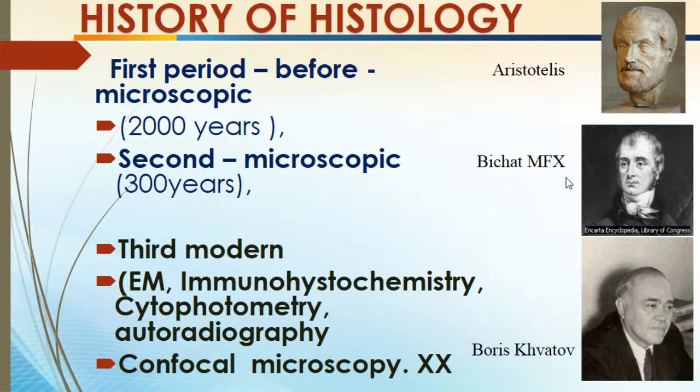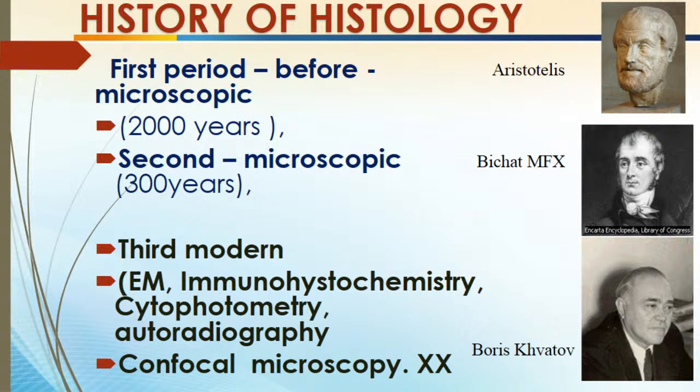Marie-Francois Xavier Bichat, one of the founders of histology and pathomorphology, named this as a science and gave one of the first classifications in the history of histology, the classification of tissues.